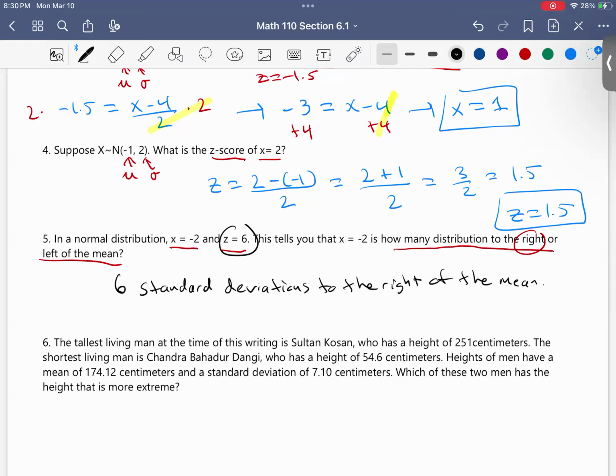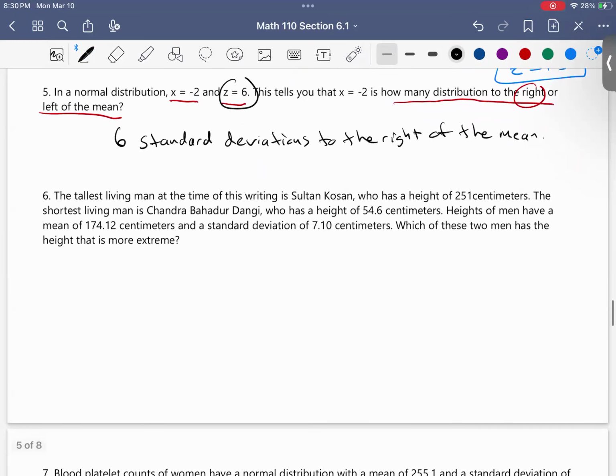All right, let's go ahead and look at number 6. So the tallest living man at the time of this writing is Sultan Kosen, who has a height of 251 centimeters. The shortest living man is Chandra Danji, who has a height of 54.6 centimeters. Let me highlight a couple of things. Heights of men have a mean of 174.12.